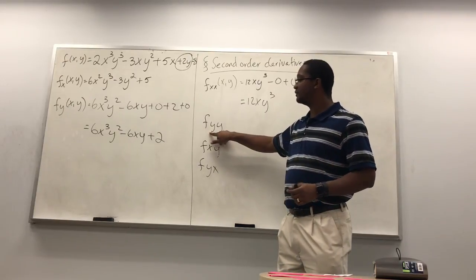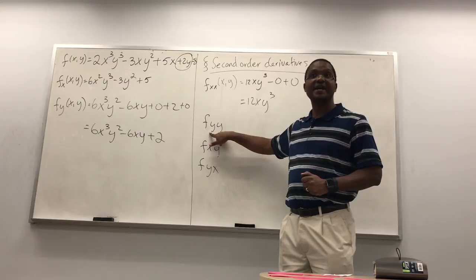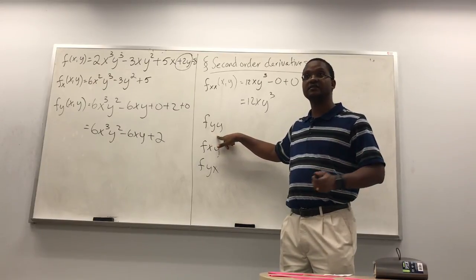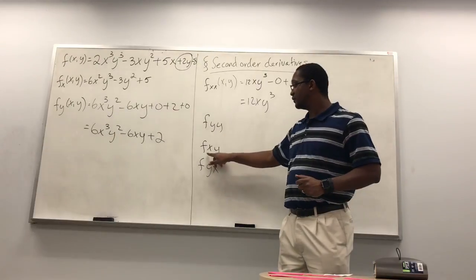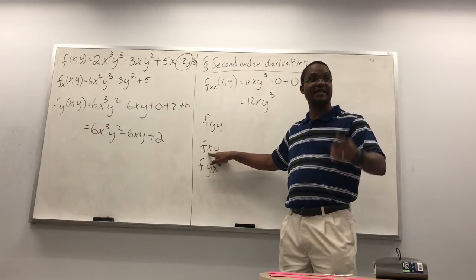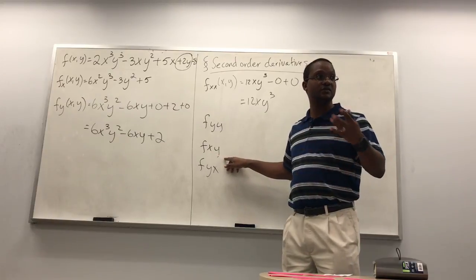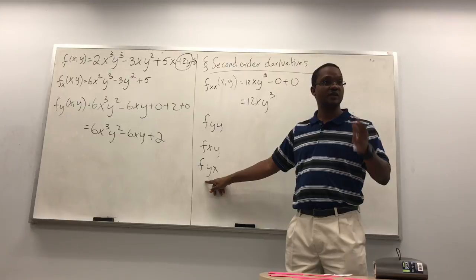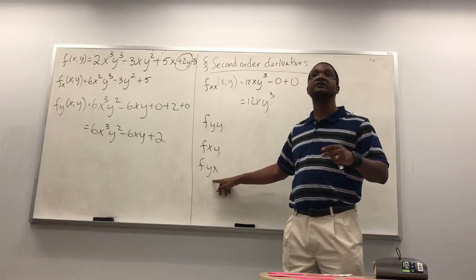This means take the derivative with respect to y, and then after that take the derivative with respect to y again. This means take the derivative with respect to x, and after you get that answer, then take the derivative with respect to y. This means take the derivative with respect to y, and after you've done that, take the derivative with respect to x.